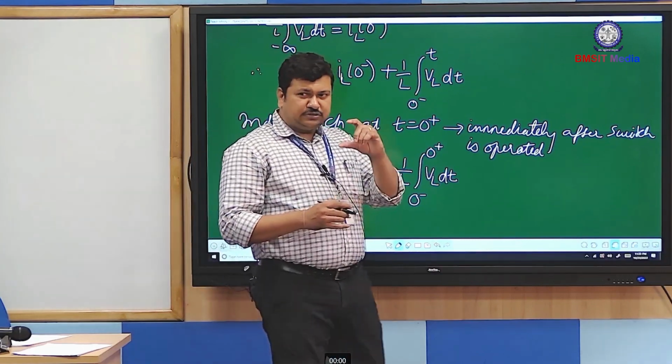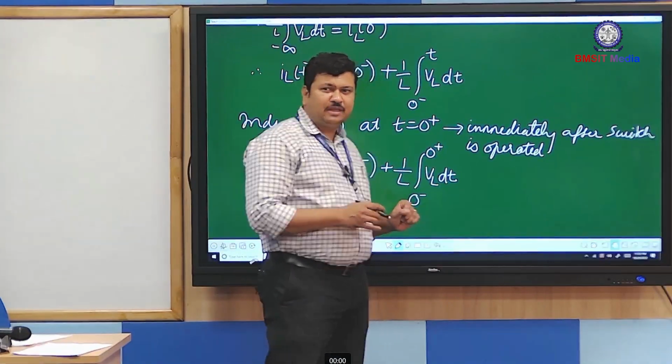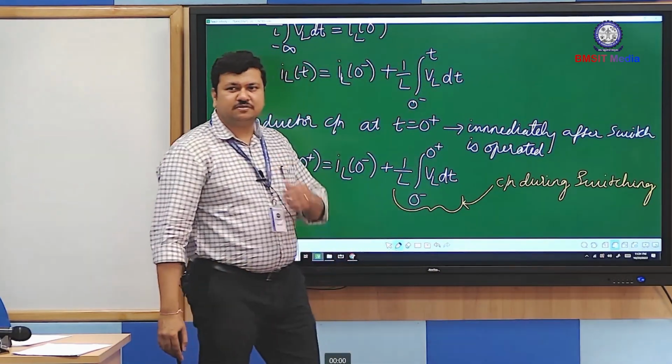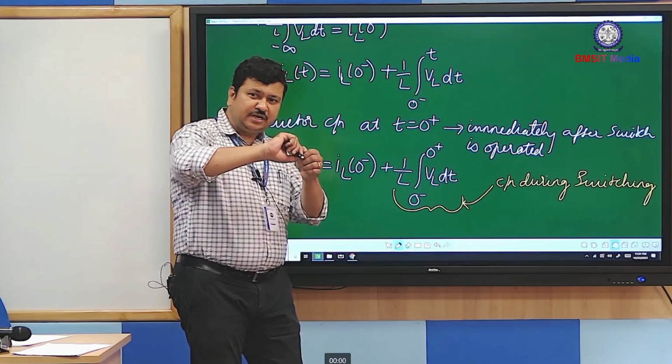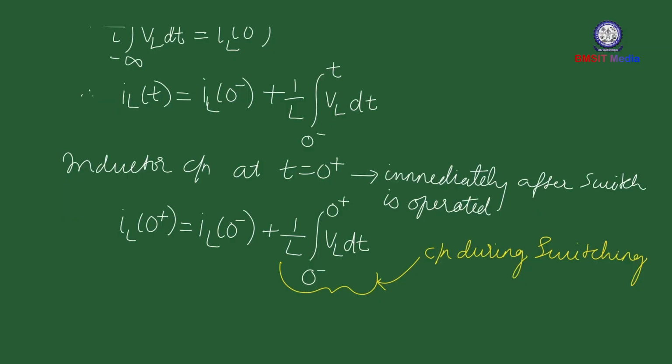So 0 minus to 0 plus is the switching time. I can write here that this indicates current during switching. It is the current when the switch is getting operated from t equal to 0 minus to t equal to 0 plus.